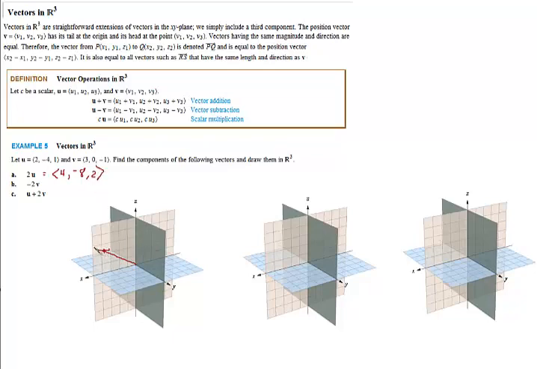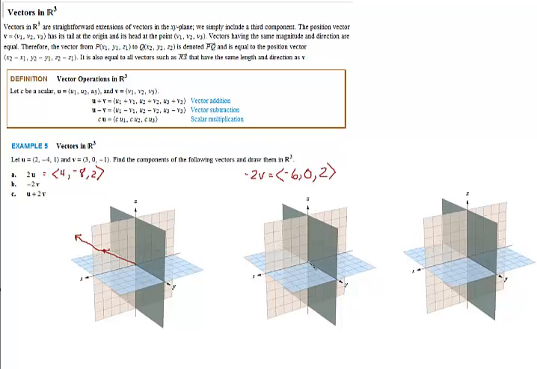I can just extend this out even further, double the length, and that should be going in the x direction 4, going in the y direction -8, and then going up 2 instead of just 1. -2v would be equal to -6, 0, 2.